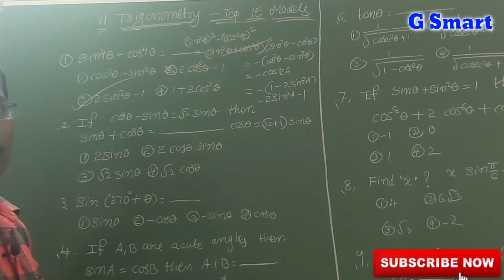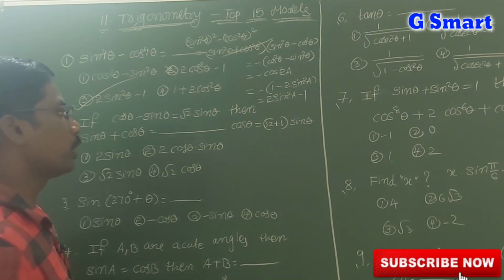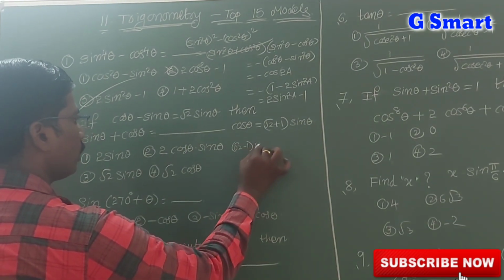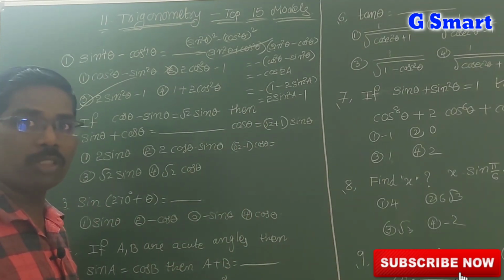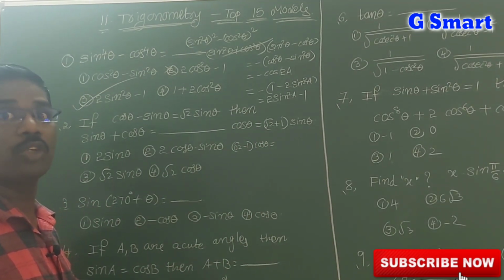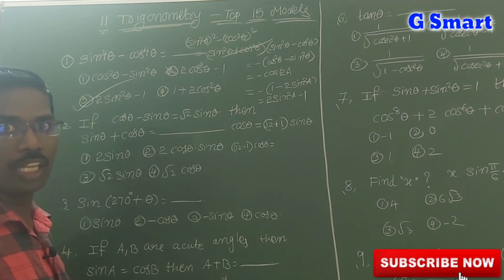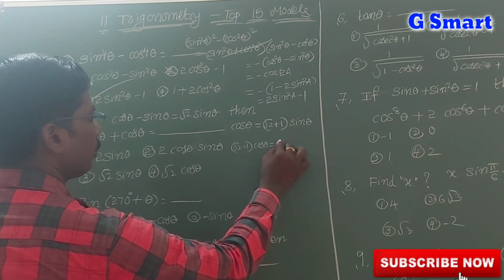Now I am going to multiply root 2 minus 1 on both sides. Root 2 minus 1 into cos theta. Here (root 2 plus 1) into (root 2 minus 1), a plus b into a minus b, is a square minus b square. So root 2 square minus 1 square, root 2 square and root cancel, means 2 minus 1, that is sin theta. Isn't it?